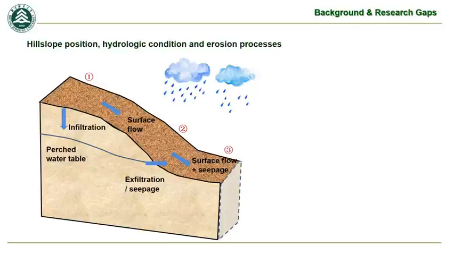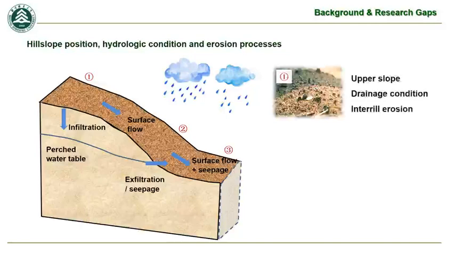From the conceptual hillslope model, we can see that different hillslope positions will have different hydrological conditions, and furthermore, the different hydrological conditions will affect erosion processes. For example, drainage conditions are predominant near the upper slope area.